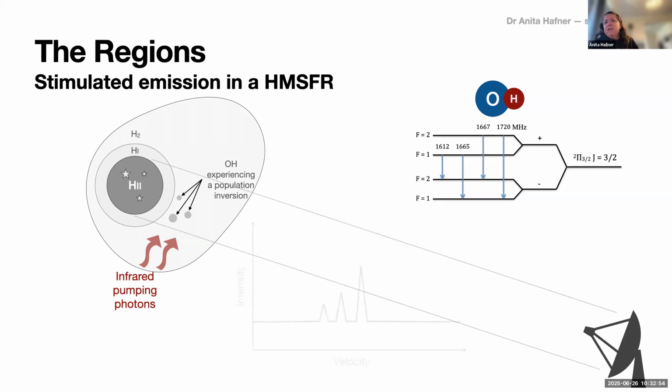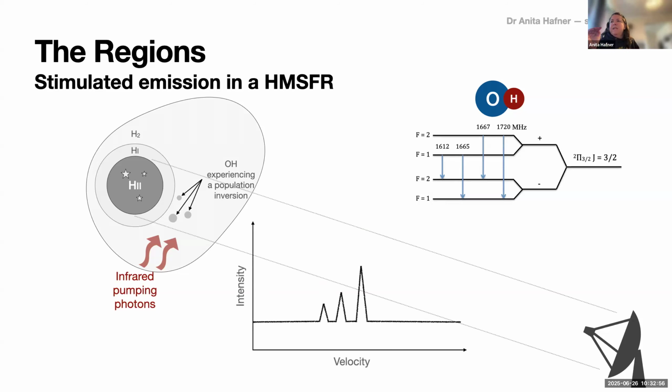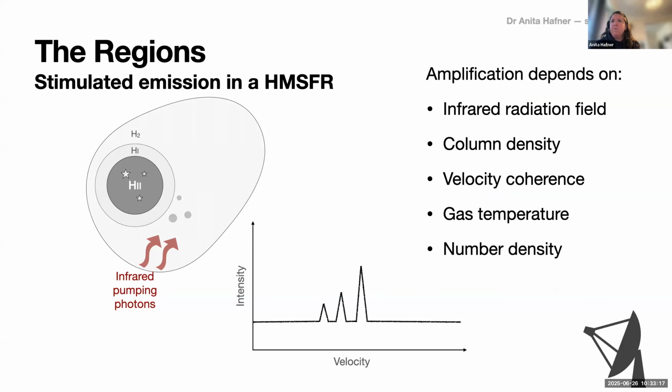When we observe those with a telescope, we're going to see any differences in velocity between those little cloudlets, and that's what's going to separate out their spectra. Additionally, of course, we can get the Zeeman splitting, which can also separate them out because we tend to look in velocity space. But something I wanted to mention here is that the amplification of the background continuum of these masers is a relatively complex function of a bunch of different things, such as the infrared radiation field, column density, number density, velocity coherence, even the gas temperature.